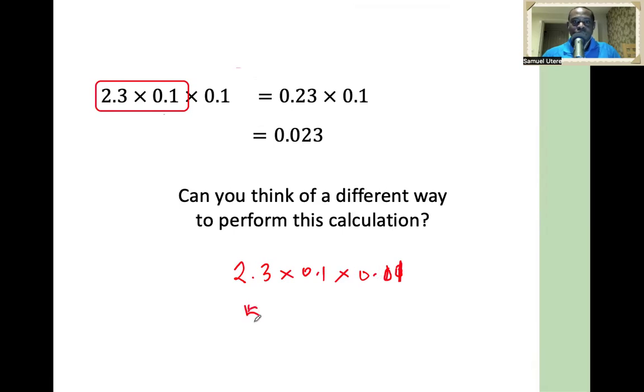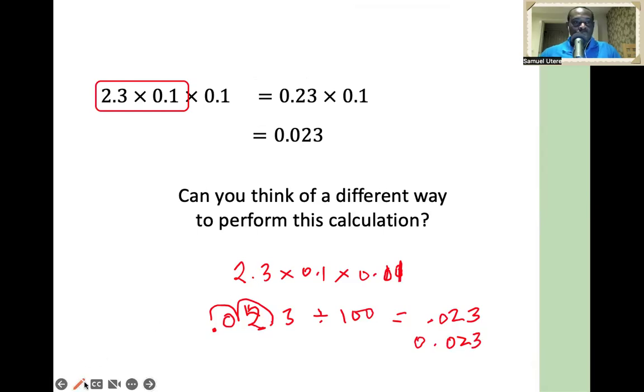So that's 2.3 divided by 100. Remember, you shift your decimal point. So that's 1, 2. We put 0 as a placeholder in that bubble. Our decimal point is here. So our answer is 0.023. Okay?